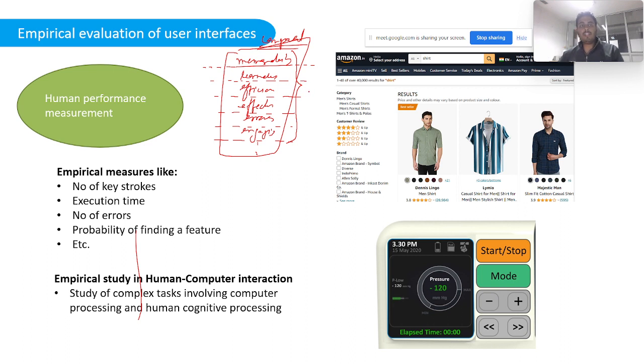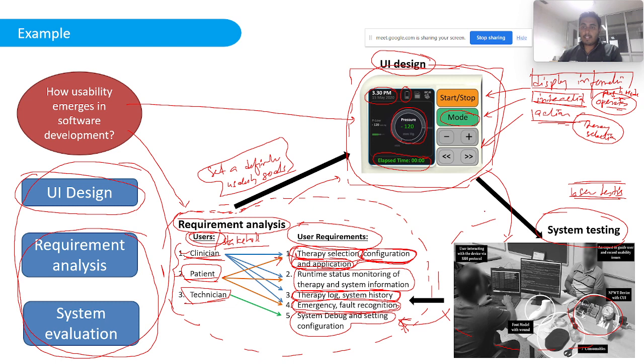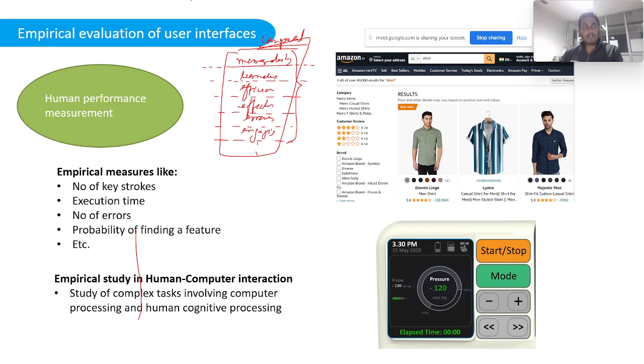In usability engineering, when we say we have to iteratively evaluate a system and then redesign it, that means we need some empirical way to evaluate user interfaces. Empirical means a scientific way.